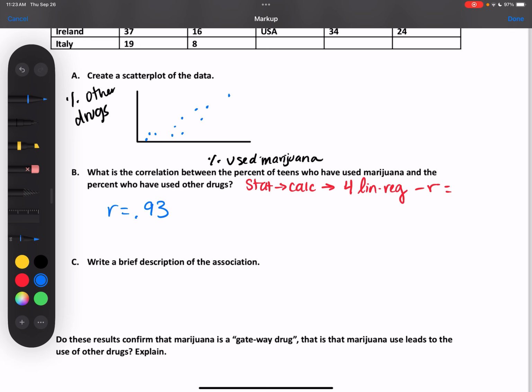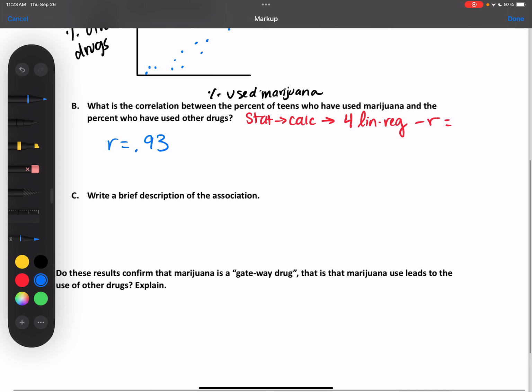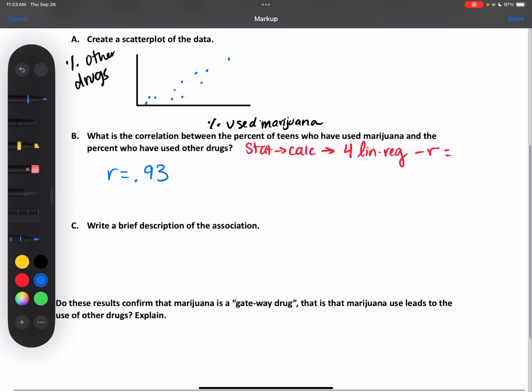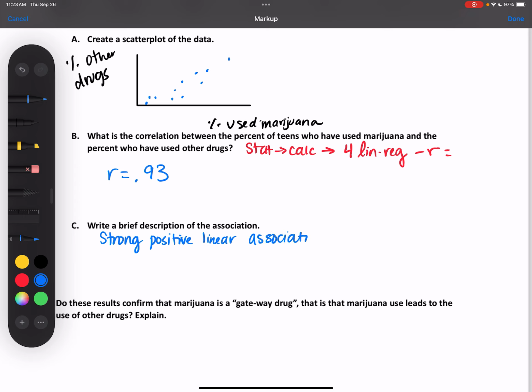All right. Write a brief description of the association. So I would say this is a strong positive linear association between marijuana and other drug use.